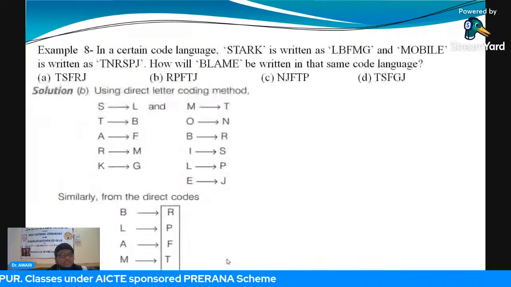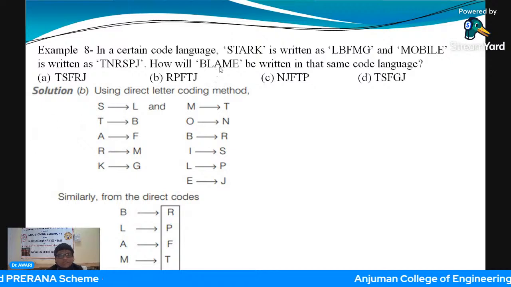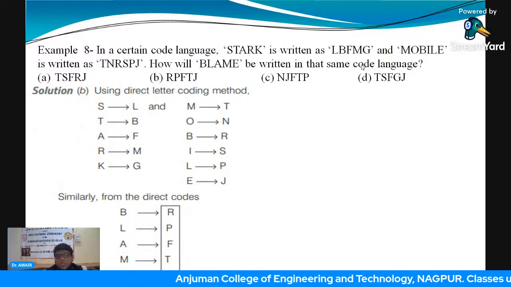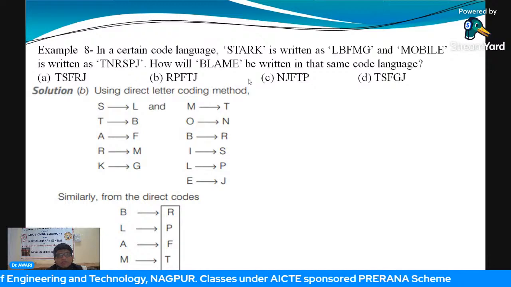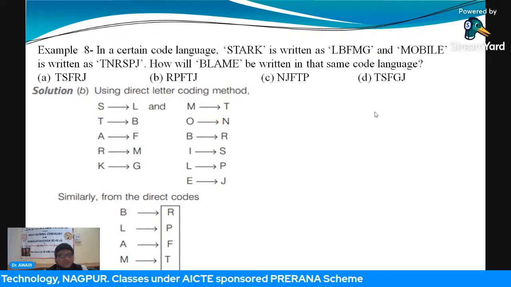So taking the example of this particular topic, in a certain code language, STARK is written as LBFMG and MOBILE is written as TNRSPJ. How will BLAME be written in the same code language?